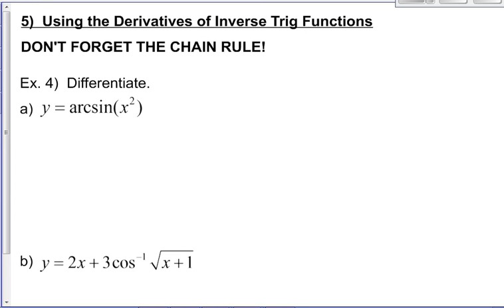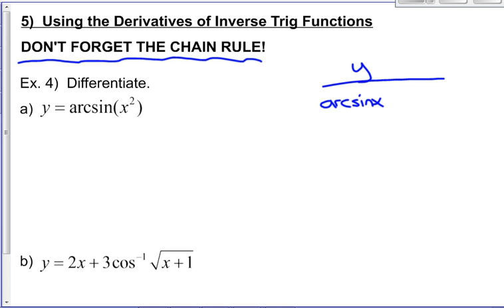So if we want to differentiate arcsine of x squared, we need to make sure we don't forget the chain rule. Okay, so if I wrote down the rule for arcsine, it's this. If y is arcsine x, then the derivative is 1 over the square root of 1 minus x squared. Here it's not an x, it's an x squared. And there's going to be chain rule here.